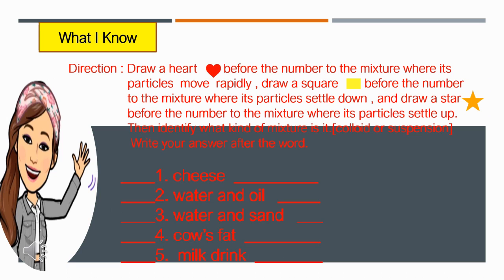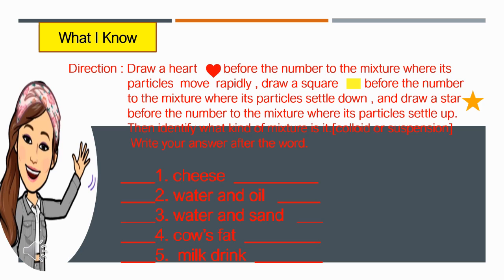Before we go on to our new lesson, let us check what you know. Direction: Draw a heart before the number of the mixture where its particles move rapidly. Draw a square before the number of the mixture where its particles settle down.